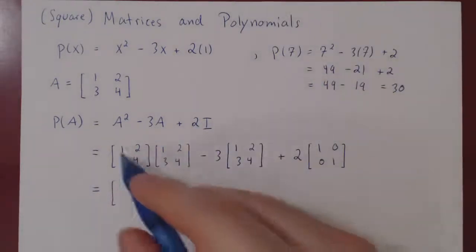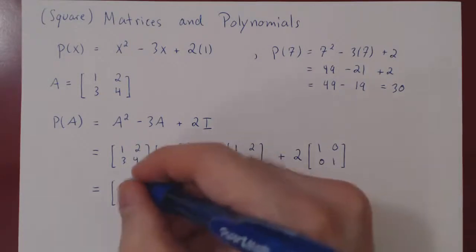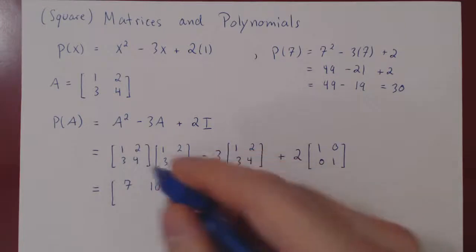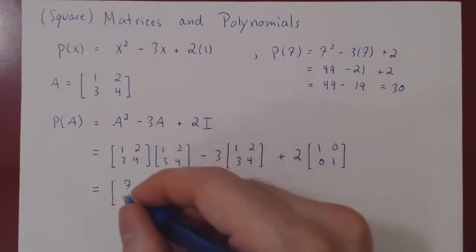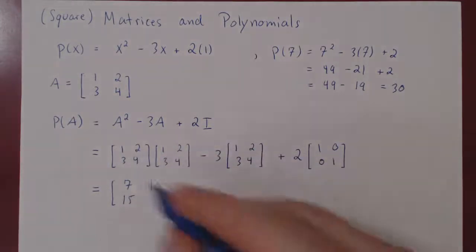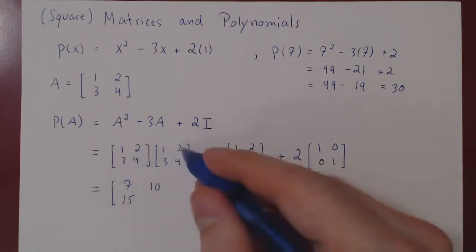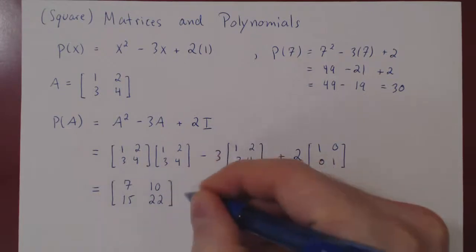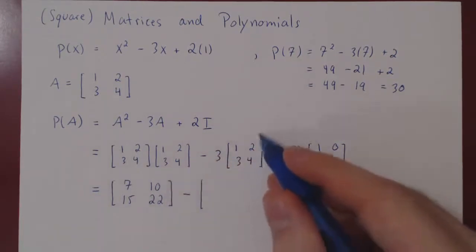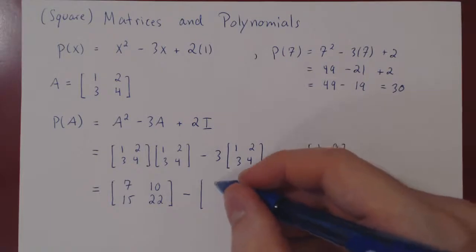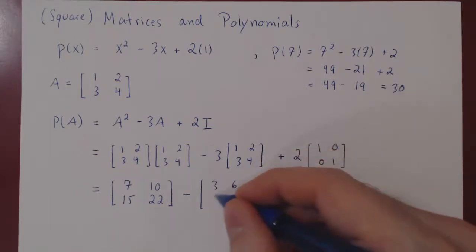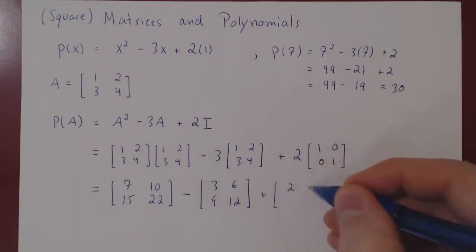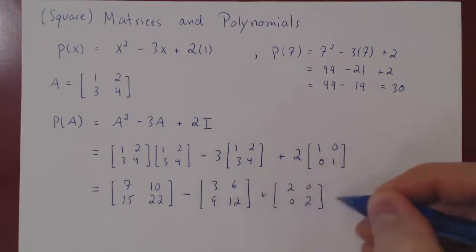Let's square A, so we'll have 1 plus 6, 7, 2 plus 8, 10, 3 plus 12, 15, 6 plus 16, 22. Minus, well, multiply every entry of the matrix by 3, so we get 3, 6, 9, 12, plus the matrix 2, 0, 0, 2.